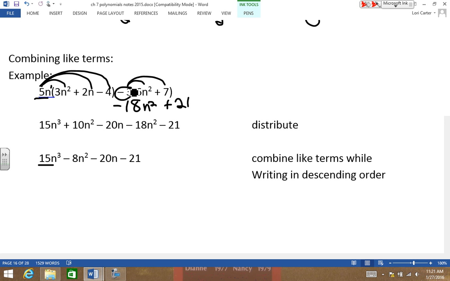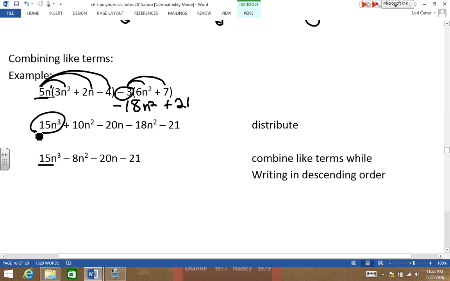Now, when we are here, we have to combine like terms. In what order do we have to combine them? Descending order. So when we look up here, who's first? N cubed, n squared, or n? Which one's highest? N cubed, so he's first. So we put down 15n cubed. Who's second?